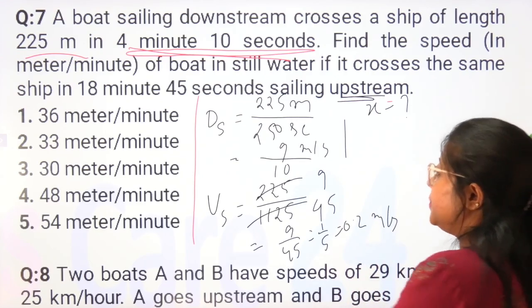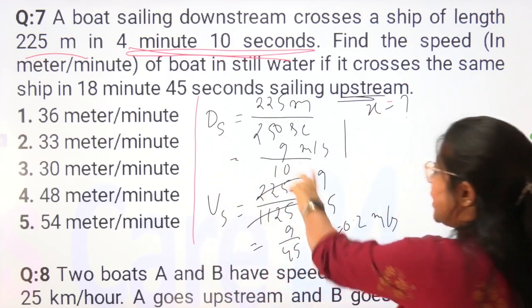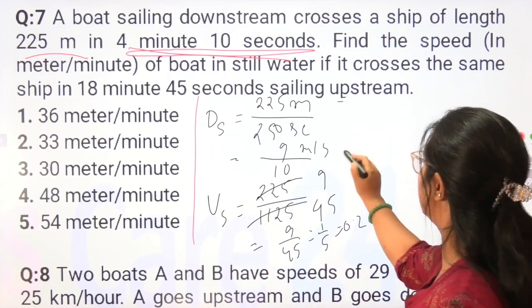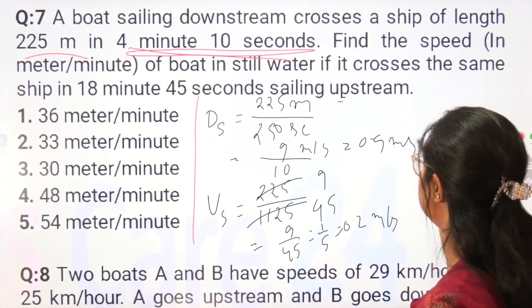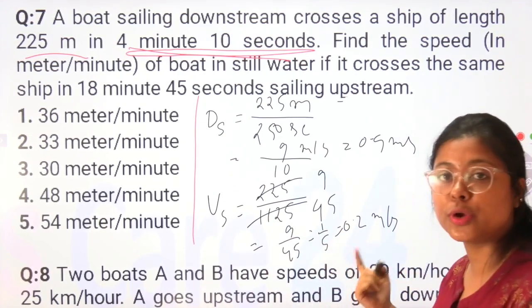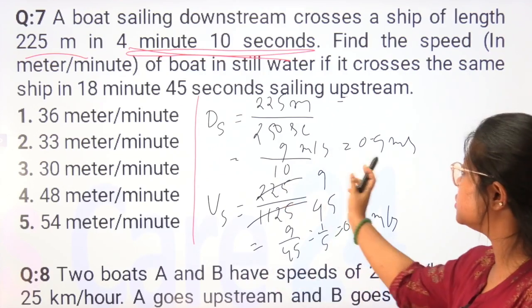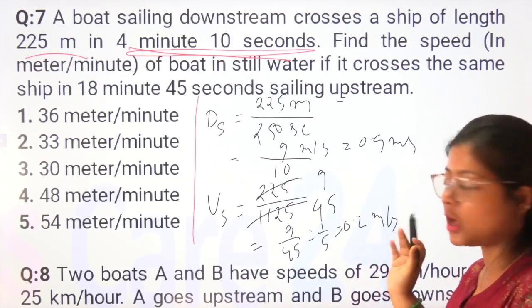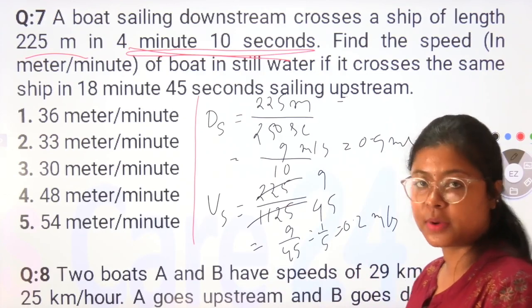So my downstream speed is 9 by 10, which is 0.9 meter per second, and my upstream speed is 0.2 meter per second.